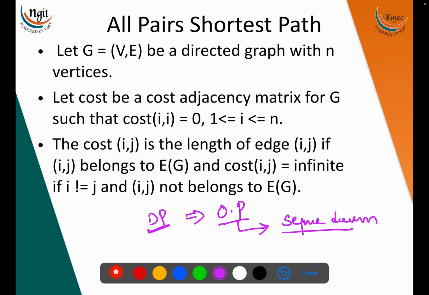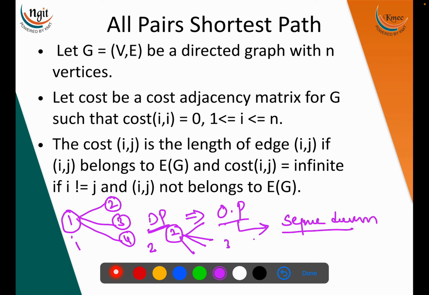What decisions will we take when we are at vertex 1? When you want to see the paths which exist from 1 to 2, 1 to 3, 1 to 4, it is like one stage. From vertex 1, this is one stage. In this stage, what is the shortest path? And again we'll go for the second stage. In the second stage, or the second decision, what is the shortest path from the second vertex, third vertex and fourth vertex.